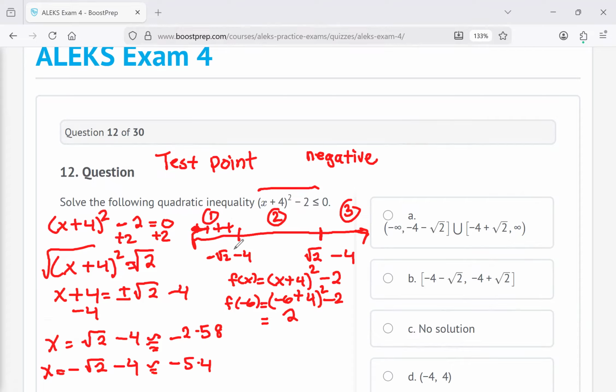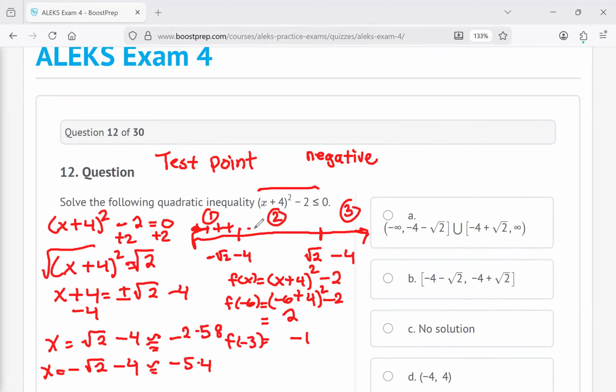Region 2, I need a number between these two values. This is negative 5.4, and this is negative 2.5. So a number between that could be negative 3. When I put that in the calculator, it spits out −1.